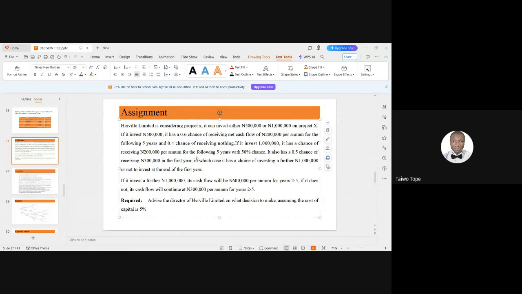Don't just jump to these assignments. Go through everything. If this is your first time coming across this, but if you have an idea of what this is all about, fine, you can go ahead and solve. But it's better you meditate and have a recap of what we've discussed. Then you can move further to solve this.